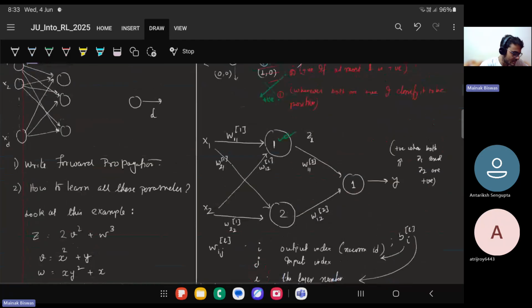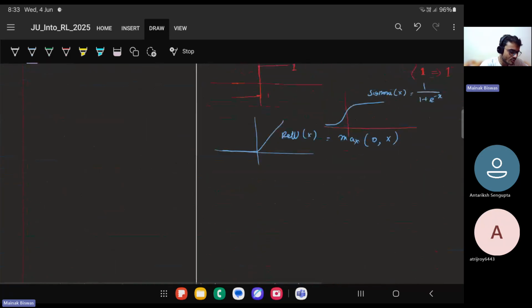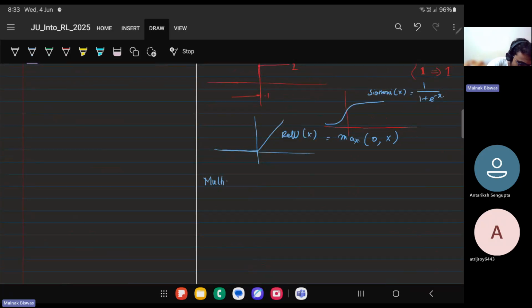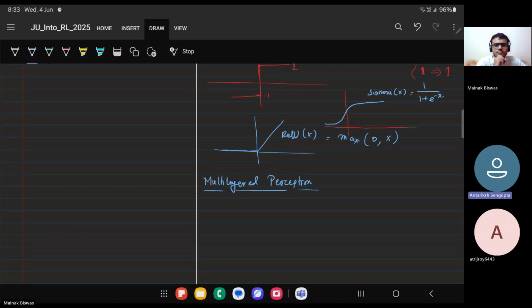Okay, so let us see a general neural network, which is a multi-layered perceptron, for example. Neural networks can be of multiple types, but let us see a multi-layered perceptron. But even though we introduce non-linearities, these are for activation, right?